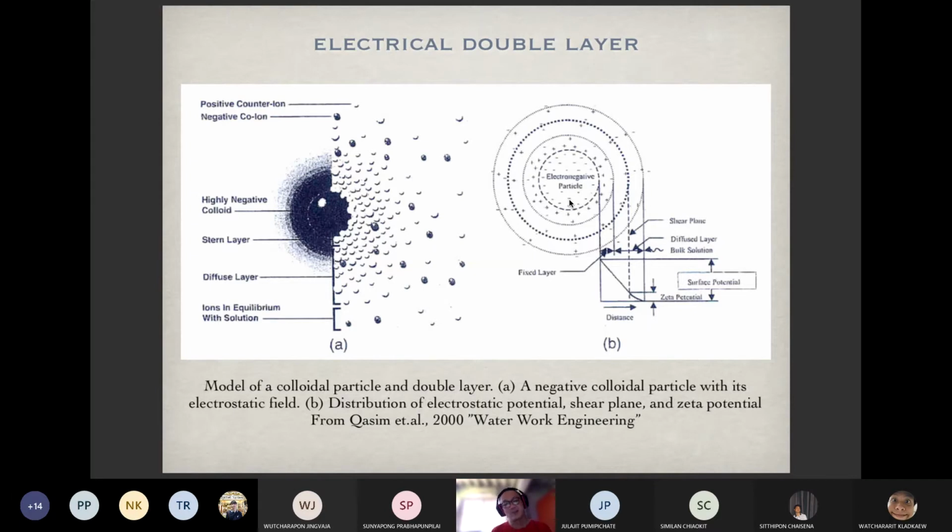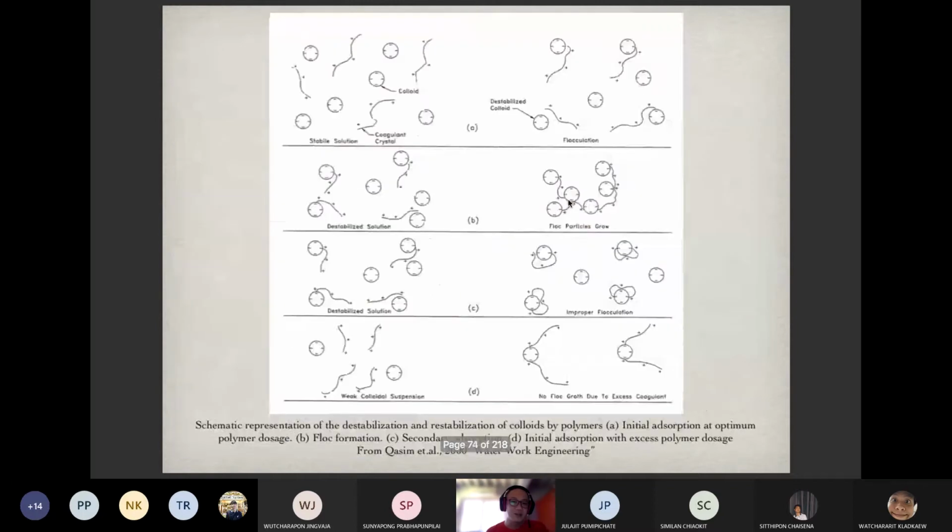Once the charge is neutralized, the particles can move and get closer and attach to each other, so that it becomes heavier. One particle is very light, but once they get attached to each other, they become heavier. And then finally, they can precipitate or settle to the bottom of the chamber within a few hours. So this is the process of coagulation and flocculation, followed by sedimentation.